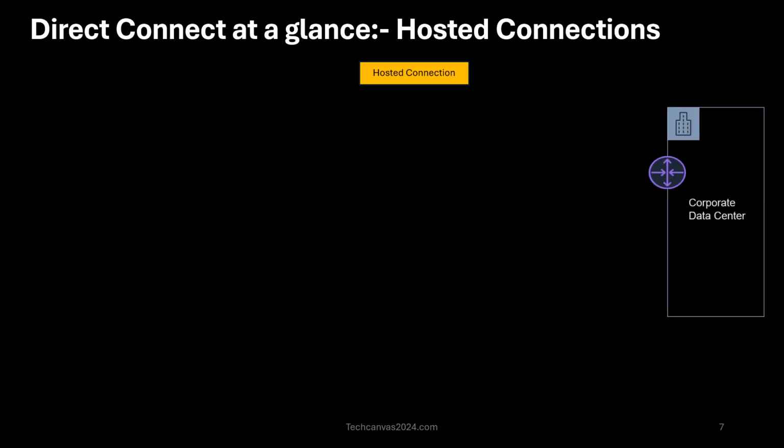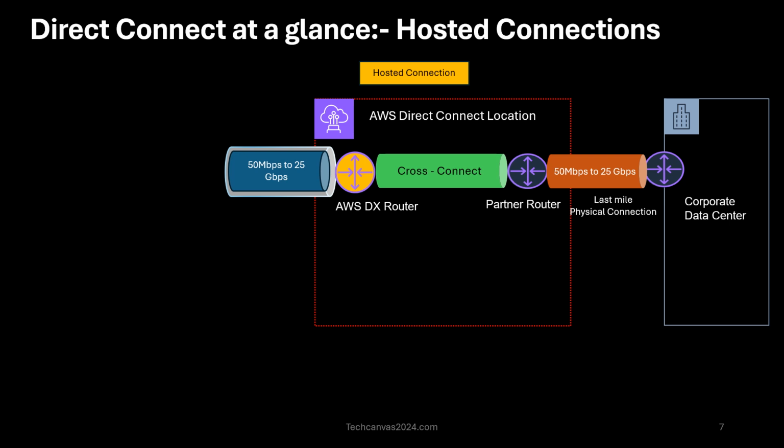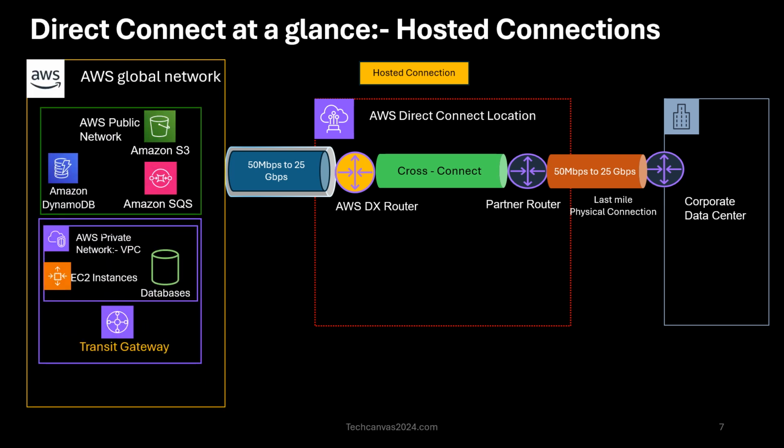The other option of connectivity is the hosted connection, which is slightly different from the dedicated connection. An AWS Direct Connect hosted connection is a type of connection that allows you to access the AWS network infrastructure. There are some key points about it. First, there is a reduction in throughput capacity.